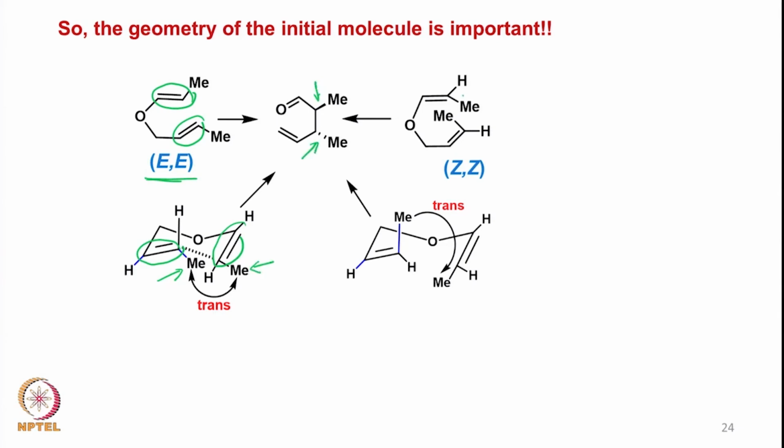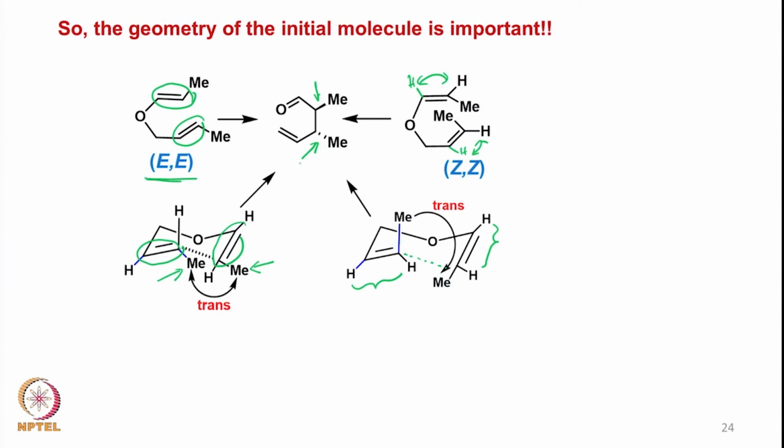On the other hand, if we take the Z double bond here and the Z double bond here, then the transition state would look something like this, where you have this Z and this Z, and therefore when the bond is formed here, we can see that the methyl group here is pointing upward, the methyl group here is pointing downward.